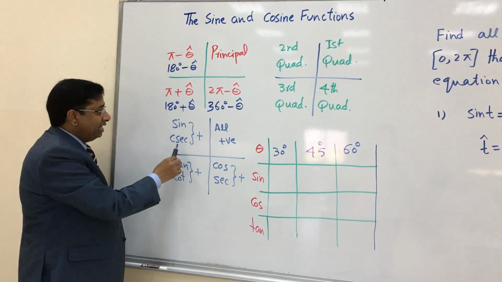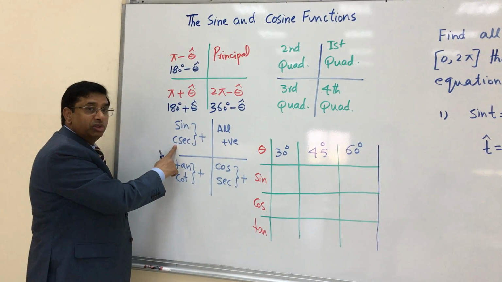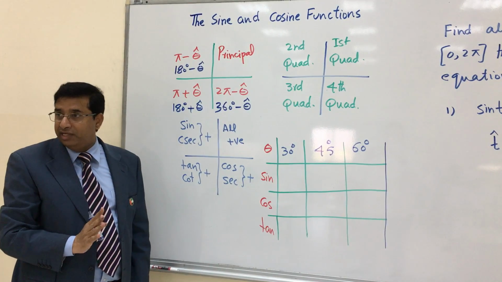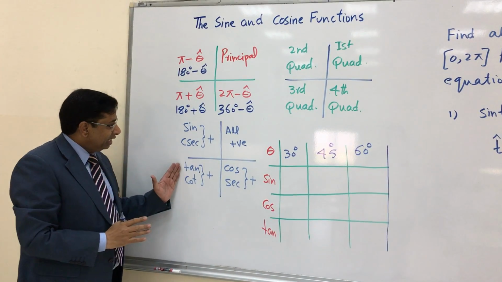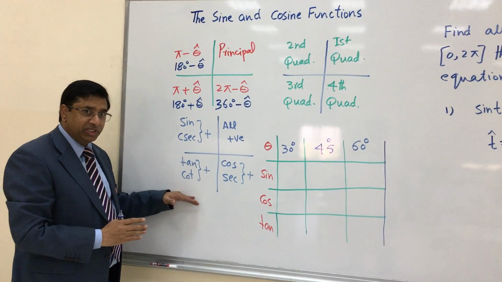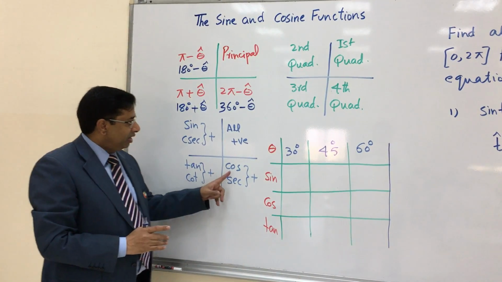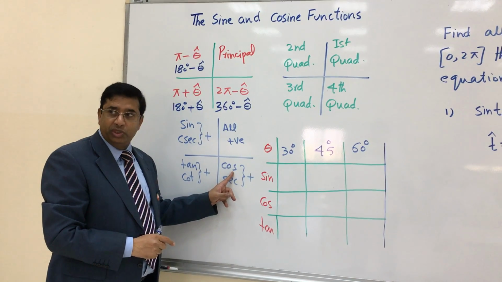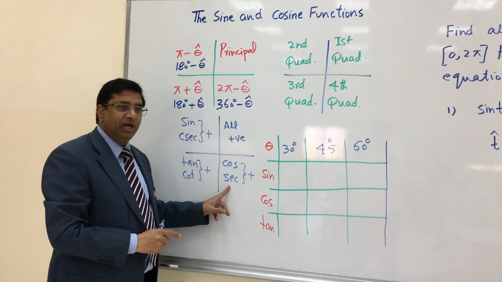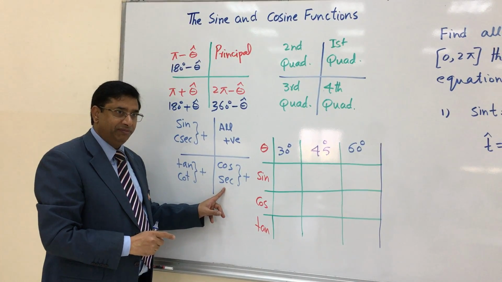In the second, sine and its reciprocal cosecant are positive, and the remaining 4 functions are negative. In the third quadrant, tangent and cotangent are positive, and the other 4 functions are negative. In the fourth quadrant, cosine and secant are positive and the remaining 4 functions are negative.